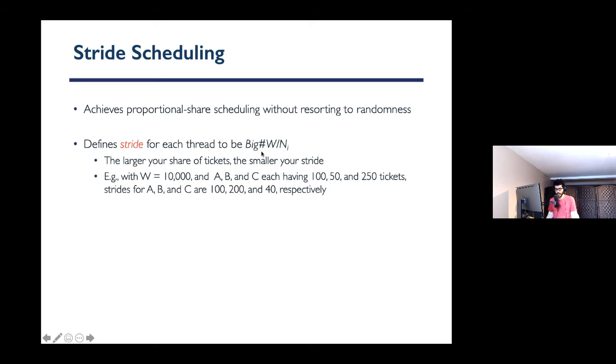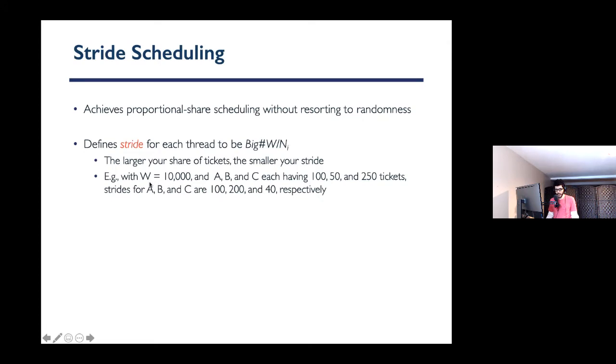For a stride, we just give a very big number divided by the number of tickets that each thread has. So ni is the number of tickets that thread i has, or task i, or job i, whatever unit of scheduling you have. And then we just divide a very big number by everybody's tickets. So the larger your share of tickets is, the smaller your stride becomes, because the number of tickets that you have is in the denominator.